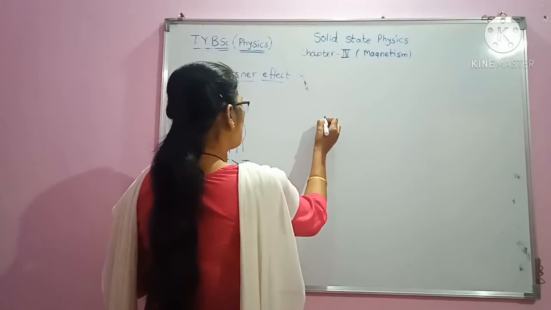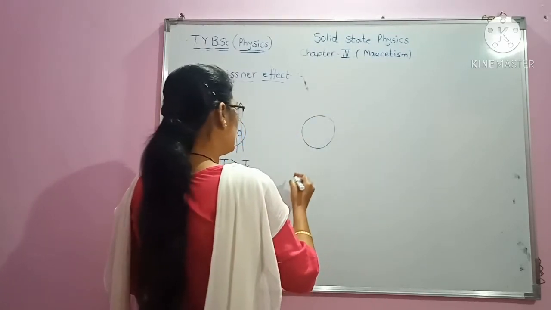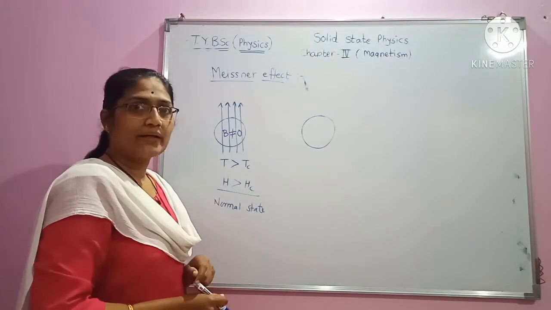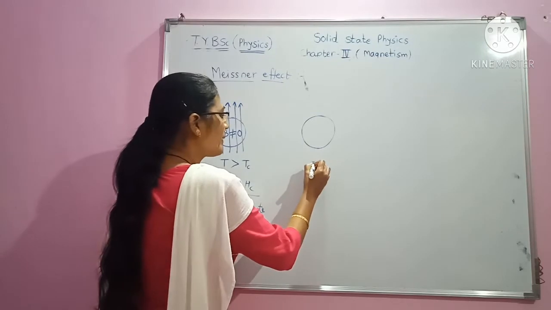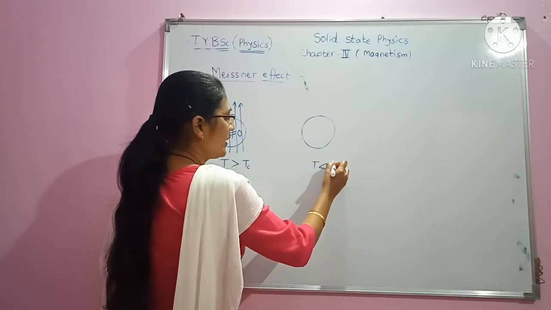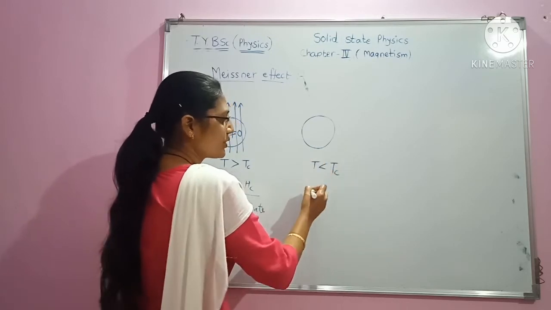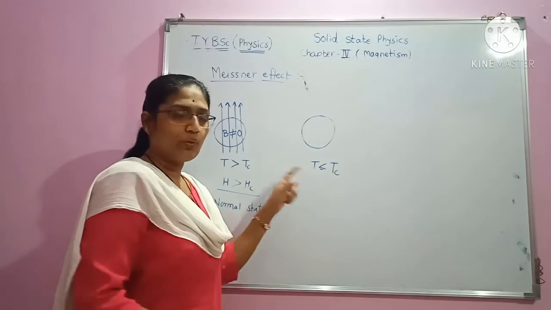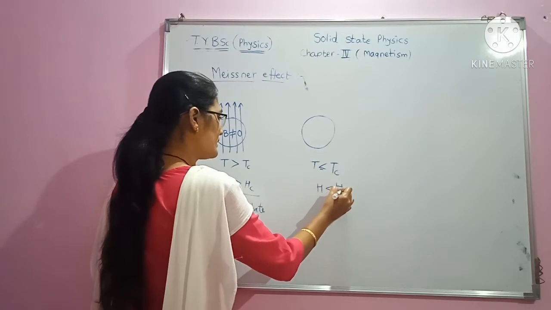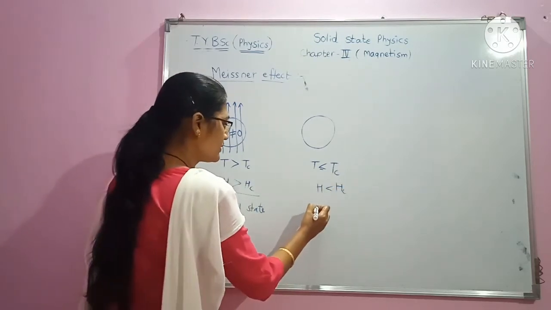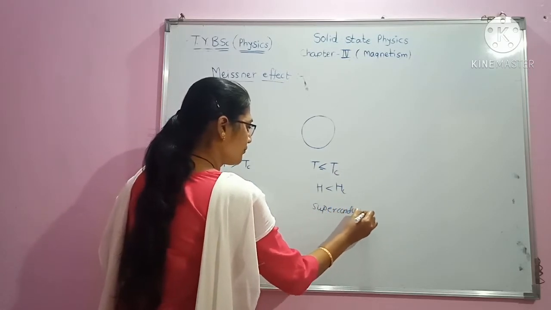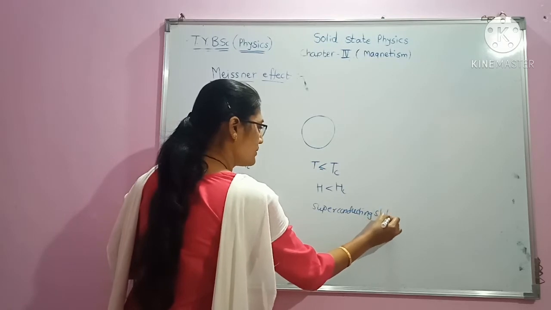But they observed that if we apply an external magnetic field and reduce the temperature of the superconducting material to a temperature equal to or below the critical temperature, and H is less than Hc, then this is called the superconducting state.